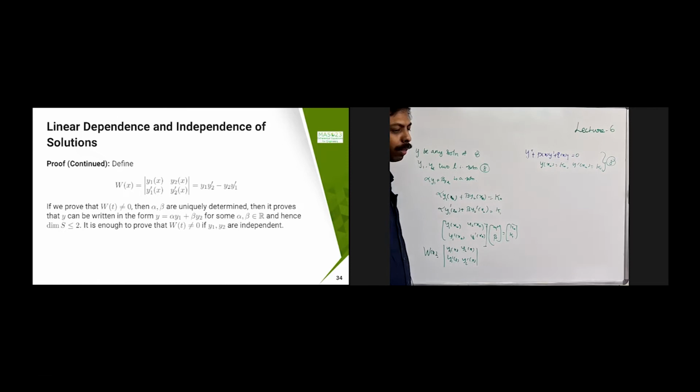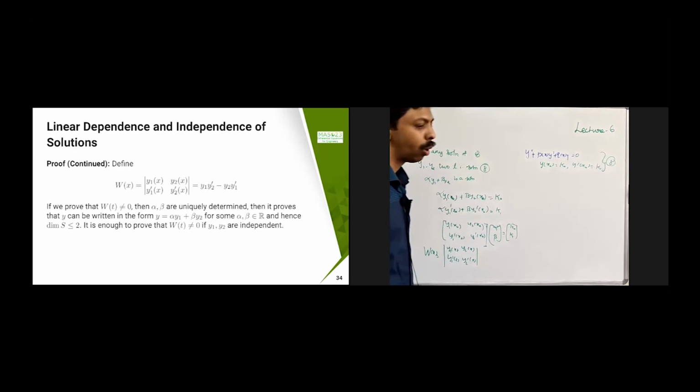Then it proves that y can be written in the form y equal to alpha y1 plus beta y2, for some alpha and beta belonging to the reals.